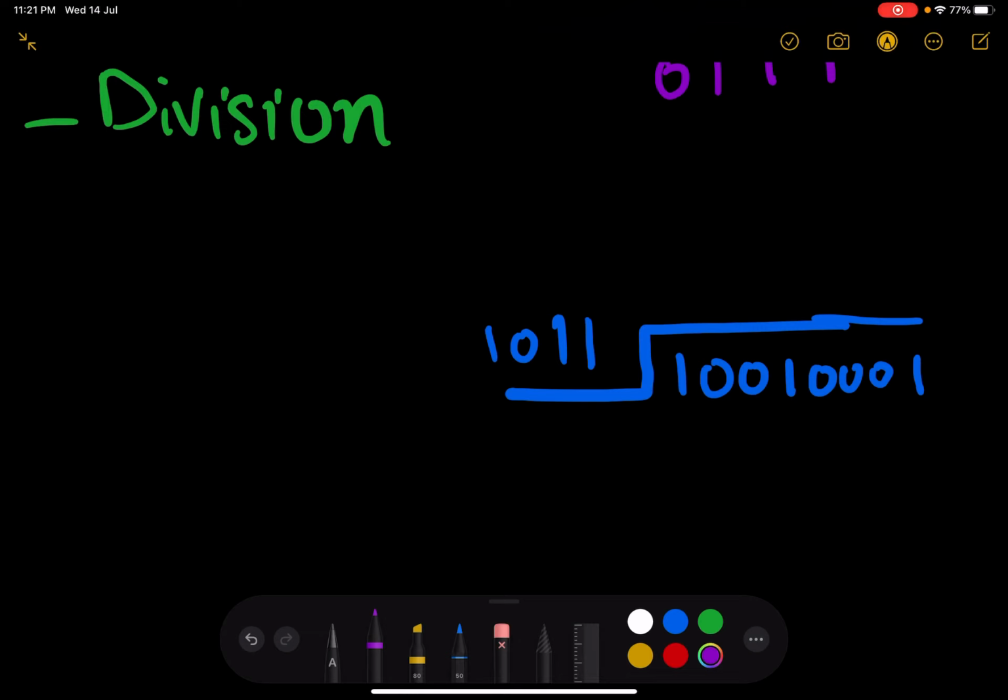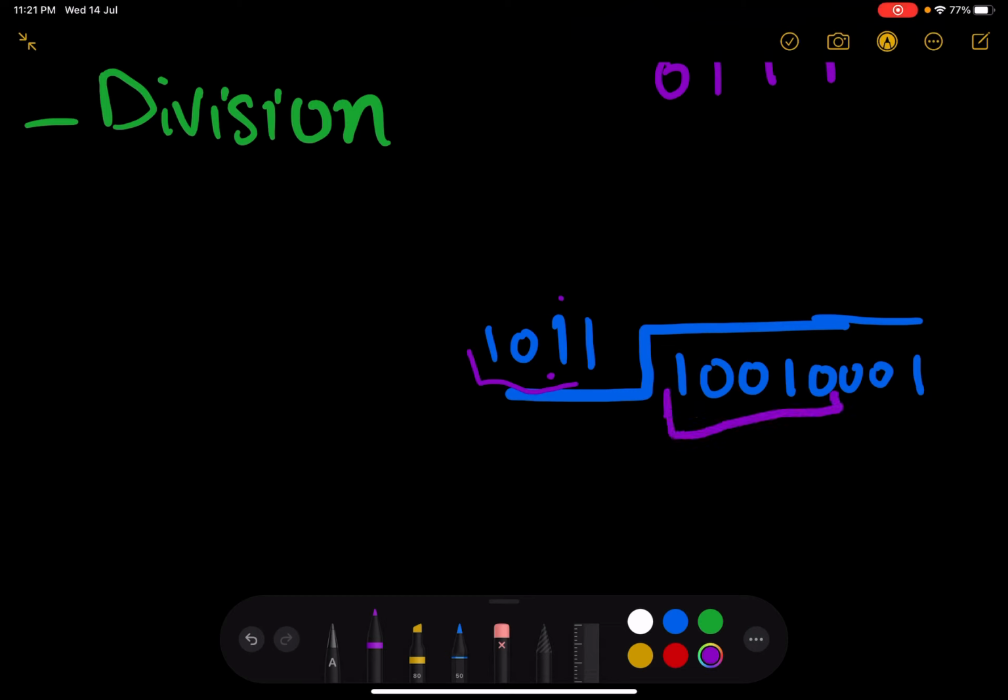We're going to divide this number in parts, but make sure that this number is always greater than this number, just like we do with decimal numbers. As you can see here, if I took these 4 numbers and divide them by this number, it will be smaller than this number, so I need to take another bit with them.